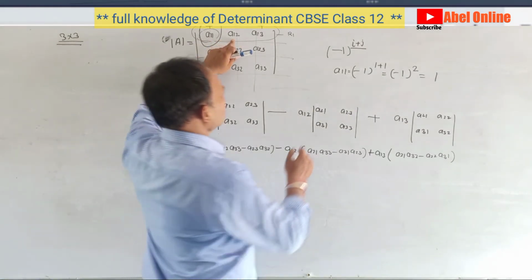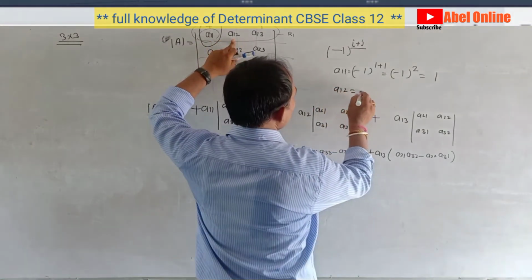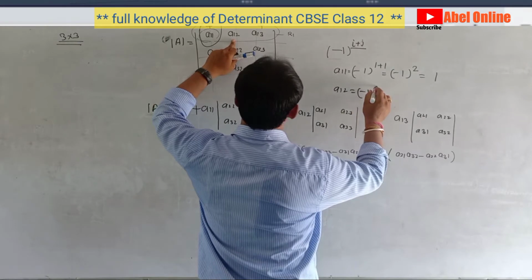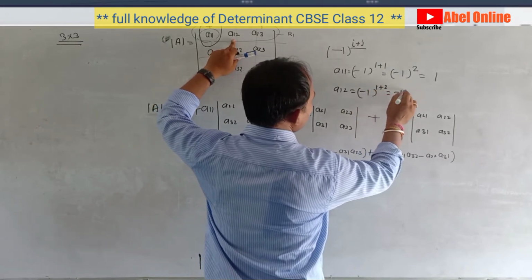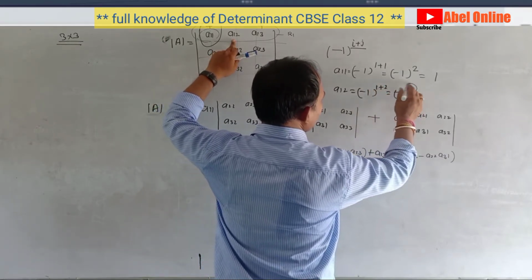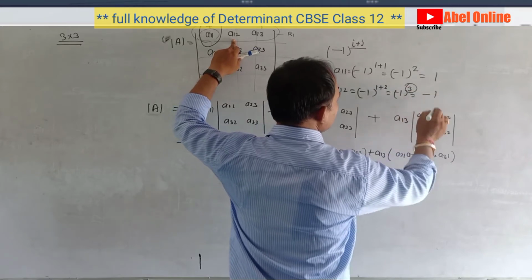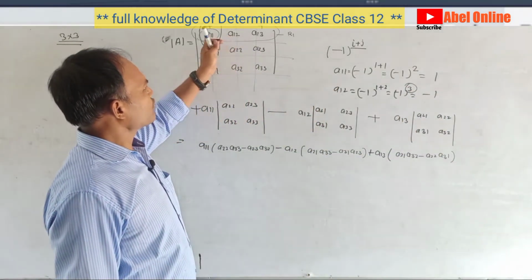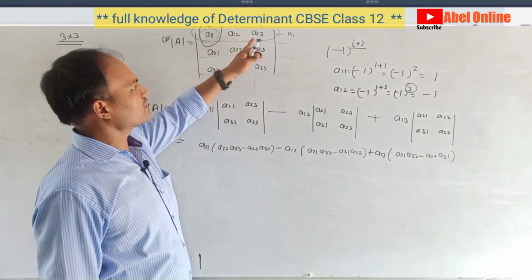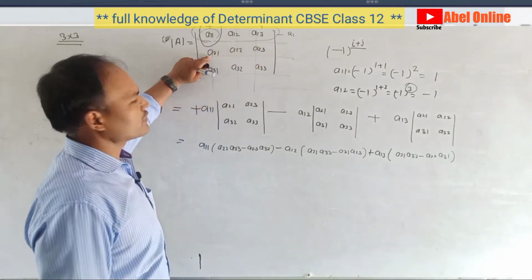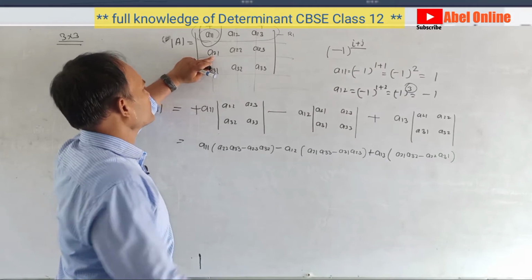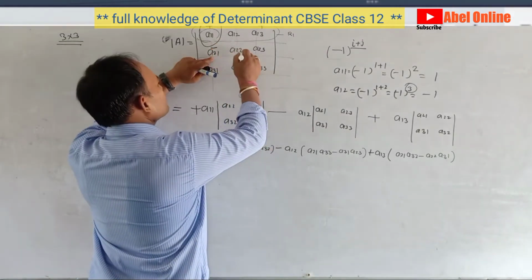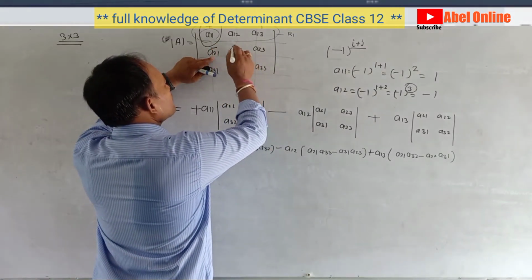Now what about A12? When we are talking about A12, it is minus 1 to the power 1 plus 2, so minus 1 to the power 3. The power is an odd number, so it is minus. So A11 has a positive sign, A12 a negative sign, A13 a positive sign. And 2 plus 1 is 3, so A21 is a negative sign, and 2 plus 2 is 4, so A22 is a positive sign.